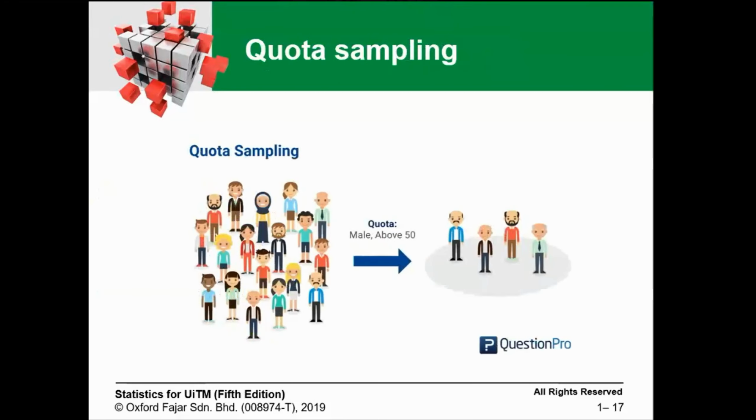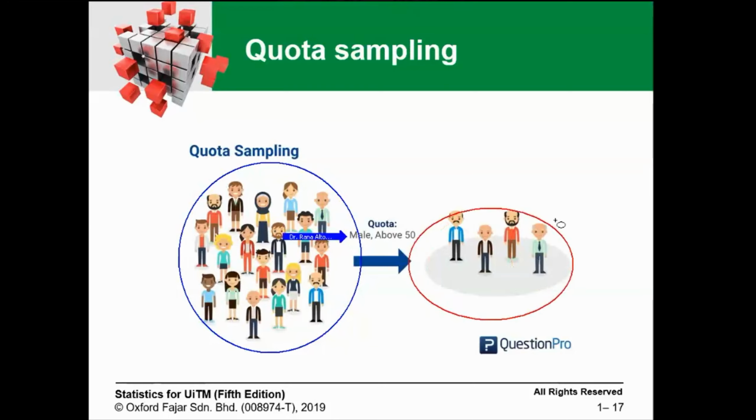So the quota sampling, as we have in the photo, I think is clear for you. Here we have the population, and you see how he takes into consideration a specification which is male and above 50. So from this population, he needs to choose the males who are above 50.